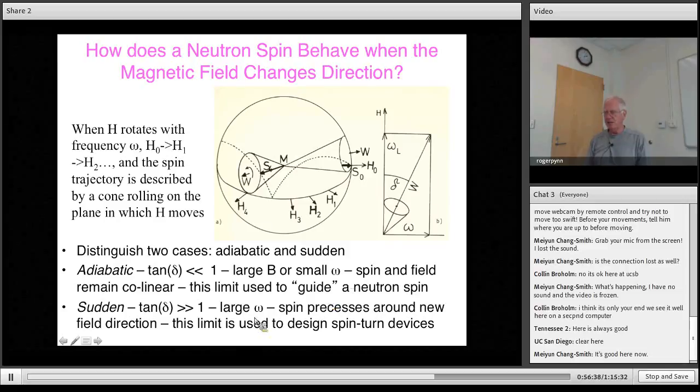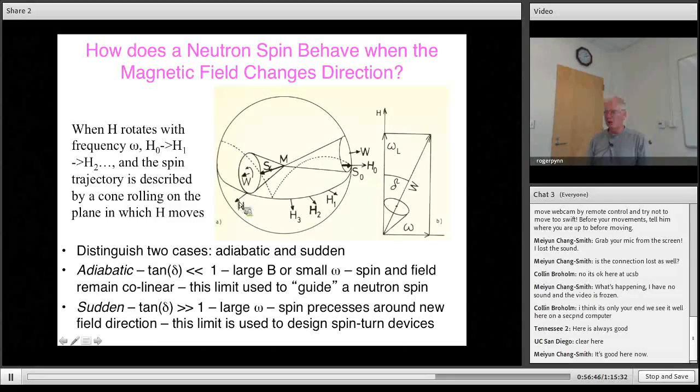On the other hand, if the speed of rotation of the field goes suddenly from here to here, in other words, this vector here is much bigger than the vector representing the Larmor precession rate, then there's a huge piece of ice cream in here, this has a huge opening angle, and then the neutron spin polarization can't follow the rotation of the field at all, and in certain cases, as you'll see in a minute, it'll just completely ignore it because it happens so fast.